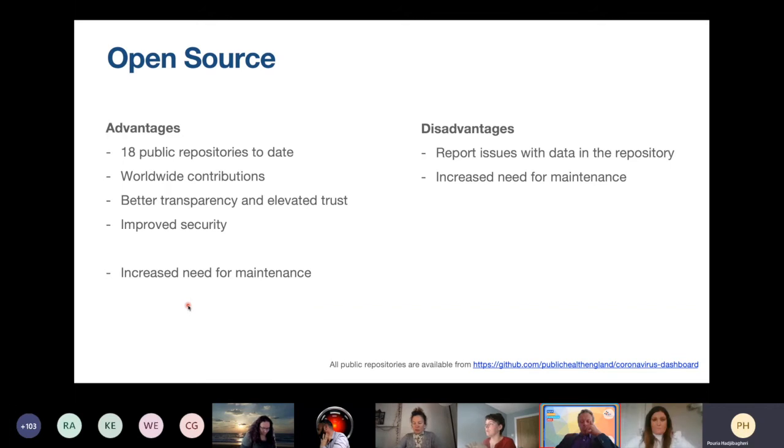They need to be in a more presentable structure, but it also is an advantage, because it means it will be more maintainable in the future. The disadvantage is that they report issues with data in the repository, which is unrelated to the repository. It has to go to the data team, or it also increases, as I say, the need for maintenance.